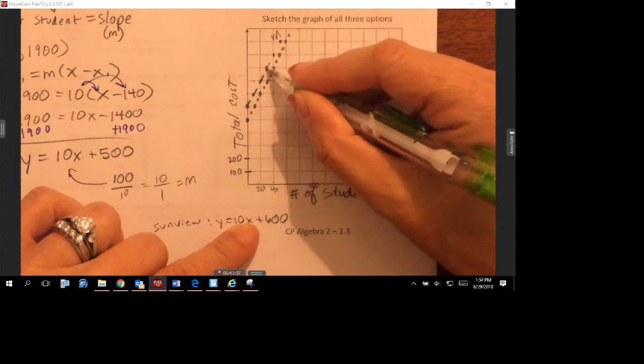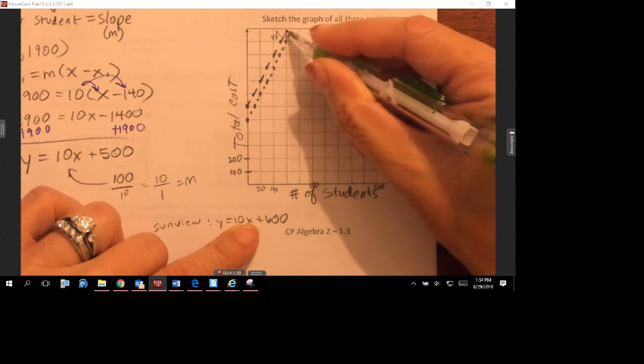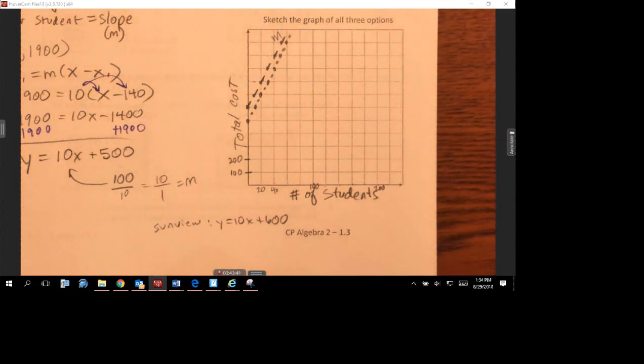What do you know about Sunview and Maple, these two that we've graphed so far? If you're deciding where prom's going to be held, tell me something about the total cost between these two. Sunview started at 600.